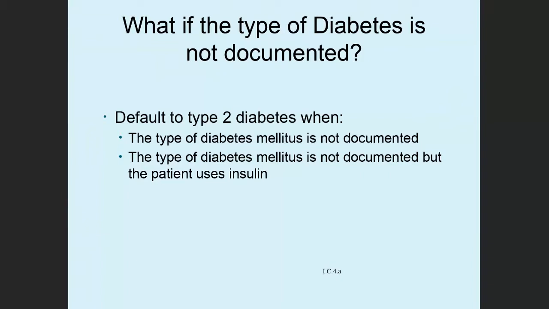In this case, and if you can't ask the doctor to clarify, the default is type 2. So if you don't have a documented type, you're going to assume it's type 2. This is in the guidelines. Now note here, this is the citation for those guidelines in your ICD-10 book. This is used throughout the presentation.